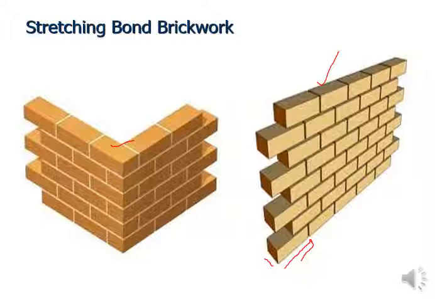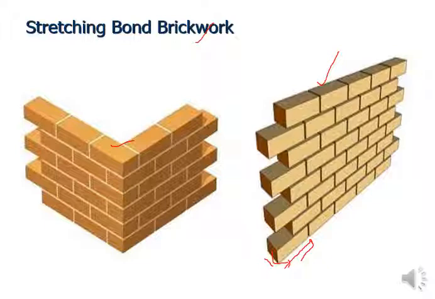In header bond you have placed your brick in such a way that this dimension was in the front face of the brick and 9 inch dimension was along the thickness in the lateral direction. Now for the stretching bond, the front face should be 9 inch.